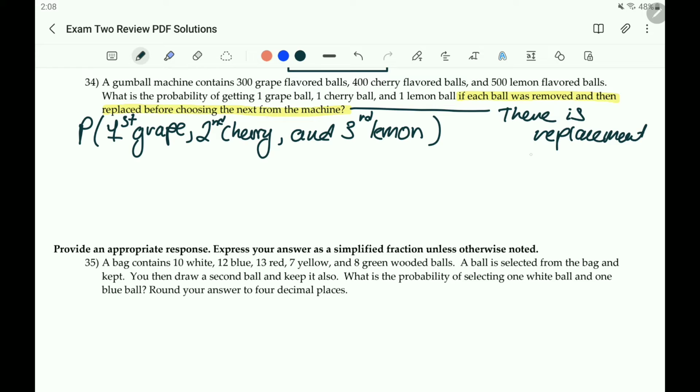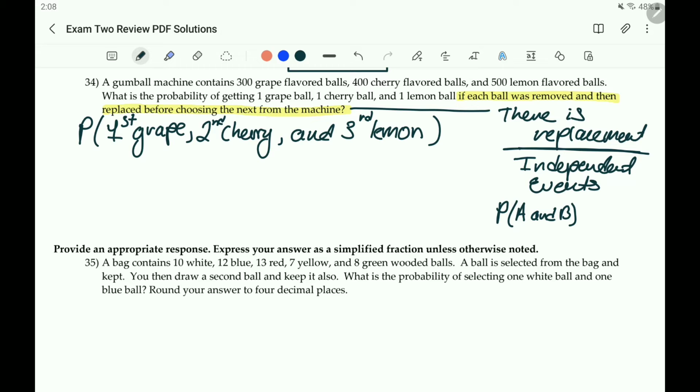When there's replacement and there's two or more events happening in a sequence, we can call these independent events. Let's rewrite that. The probability of A and B, such that A comes first and B comes second, equals the probability of A times the probability of B.